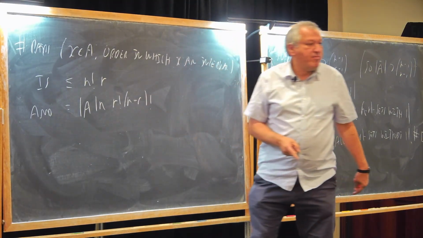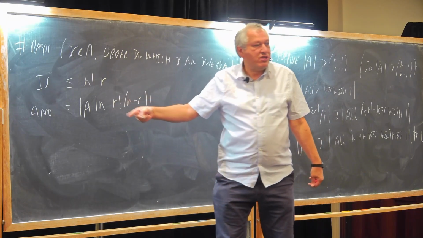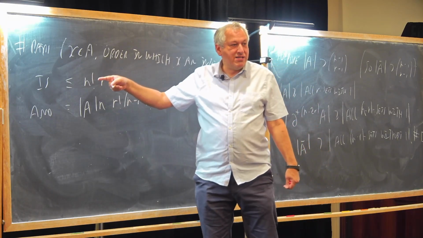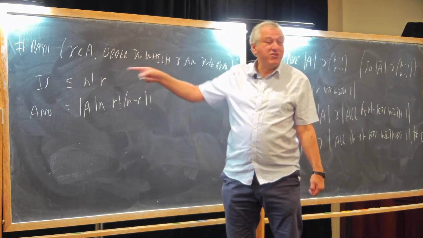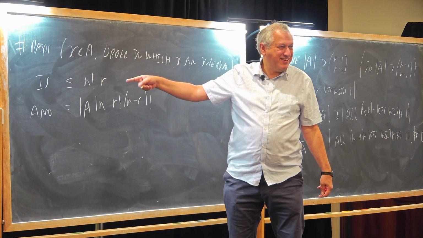So this unknown number, on the one hand, equals this, and it's at most that. Conclusion, this is at most that. Make sense?